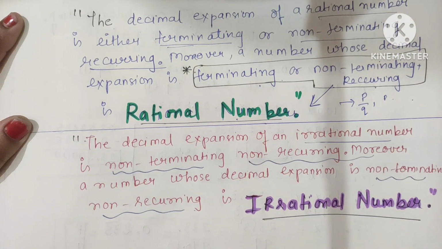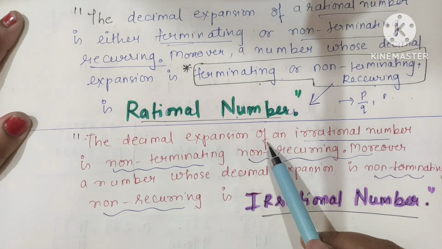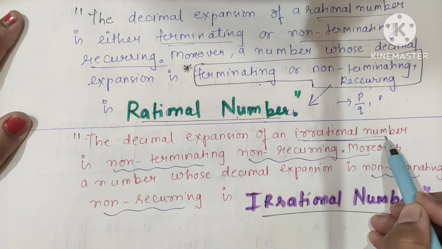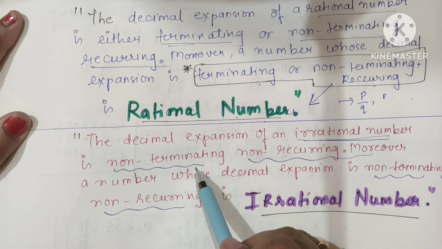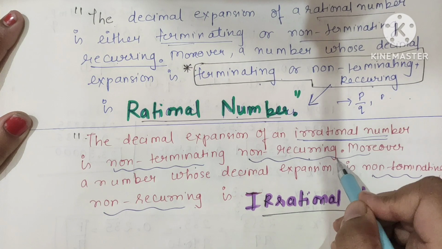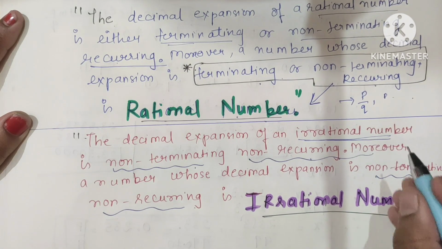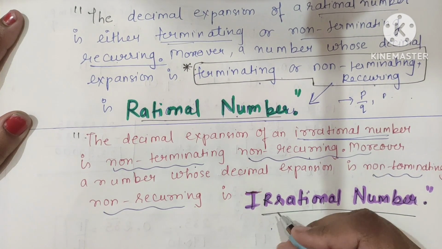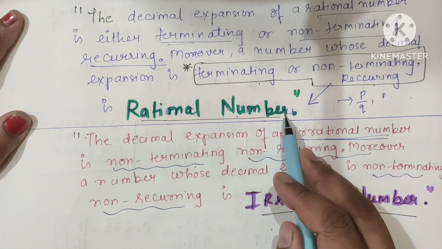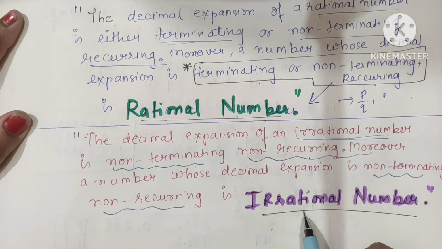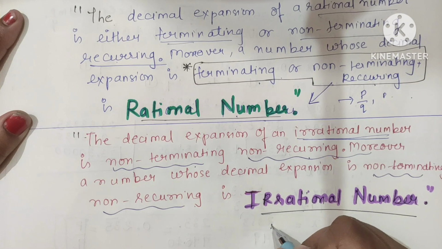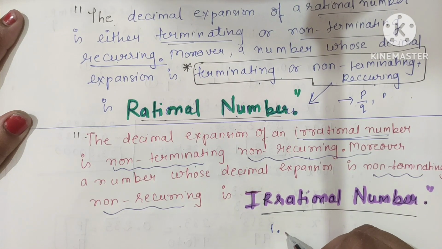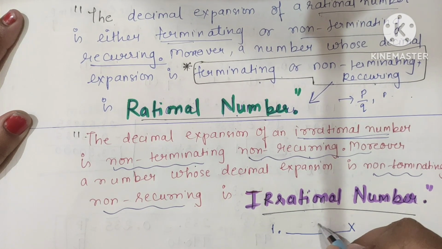The second is the decimal expansion of an irrational number, which is non-terminating and non-recurring. Means we have seen the rational numbers. In irrational, what will it be? The numbers after the decimal will not terminate and will not repeat also.